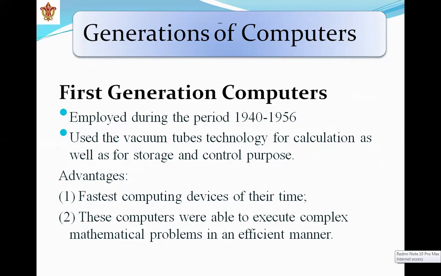This long period is often conveniently divided into subsequent phases called computer generations. First generation computers are from 1940 to 1956. Second generation computers are from 1956 to 1963. And third generation computers are from 1964 to 1971.